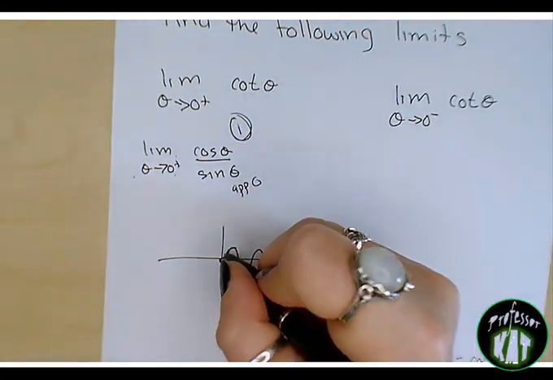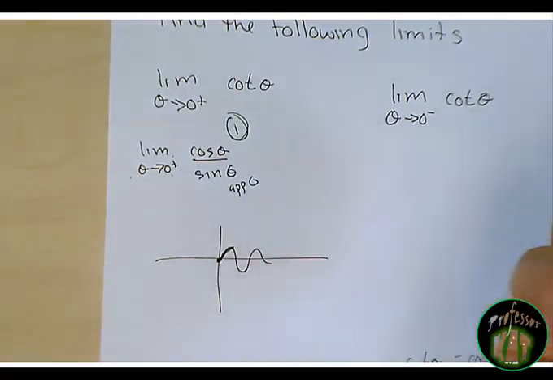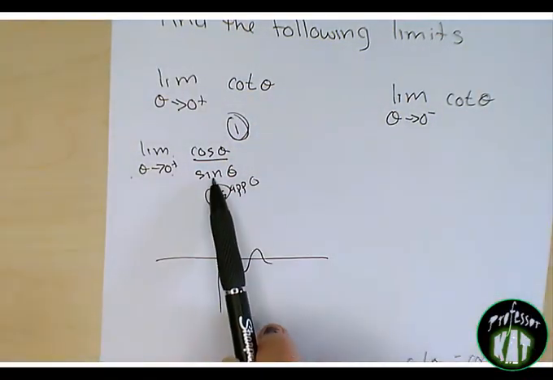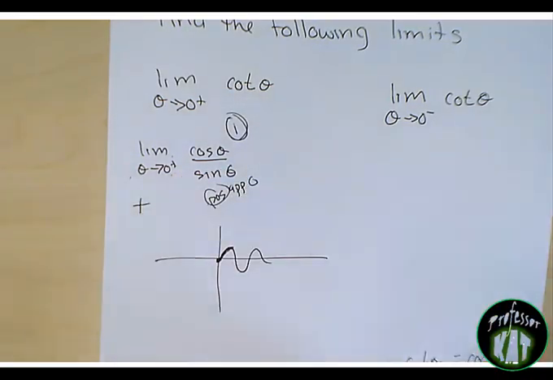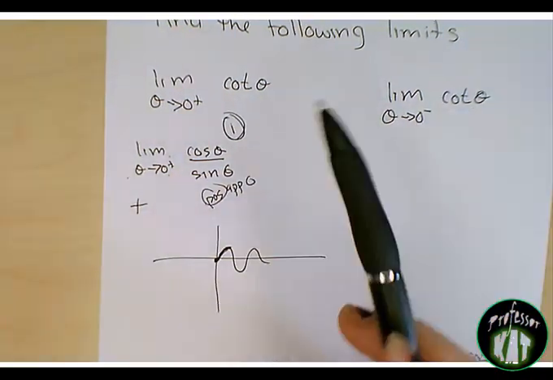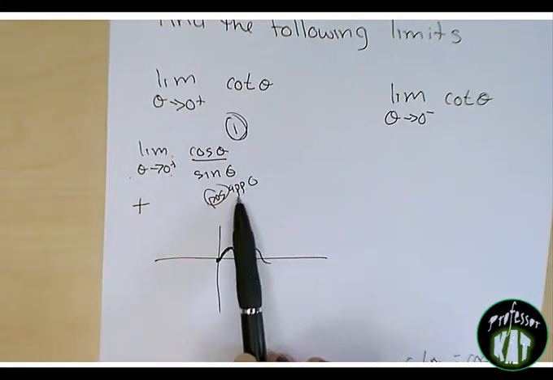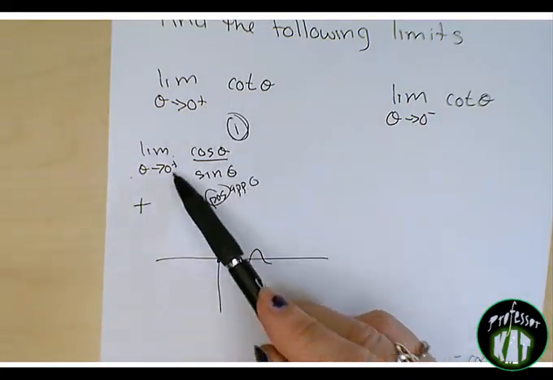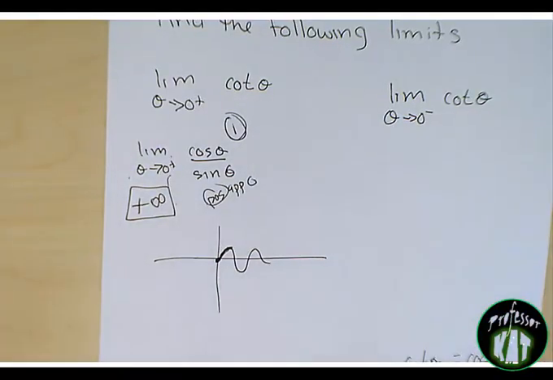Our denominator is positive. It is coming from the positive side, but approaching 0. Positive divided by positive is positive. And again, rules of limits say that if your denominator approaches 0, that makes your function arbitrarily large. So if it is positive and arbitrarily large, the limit as it approaches 0 is positive infinity.